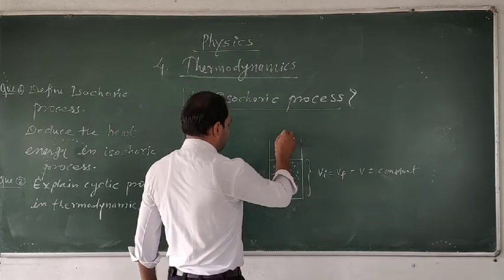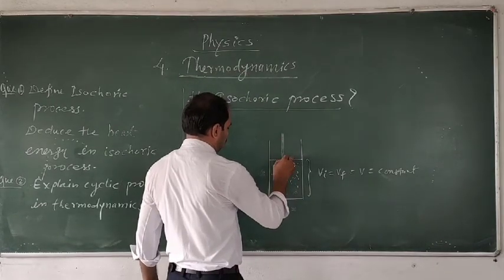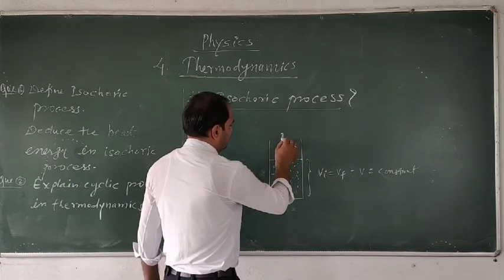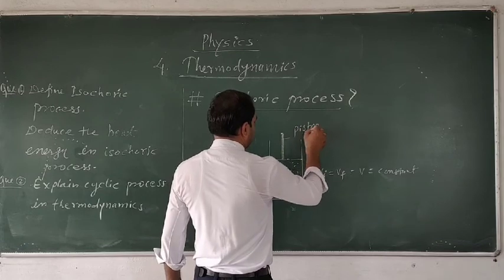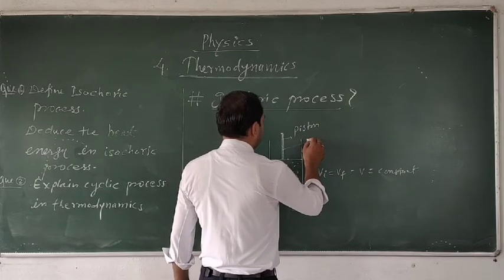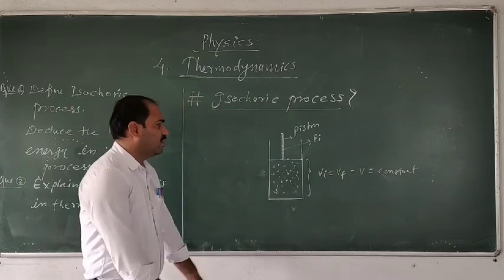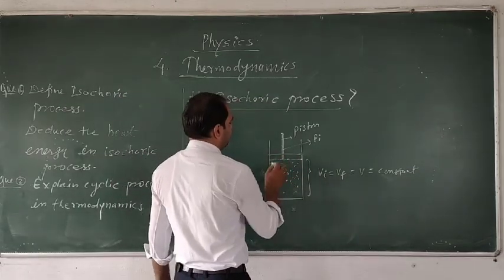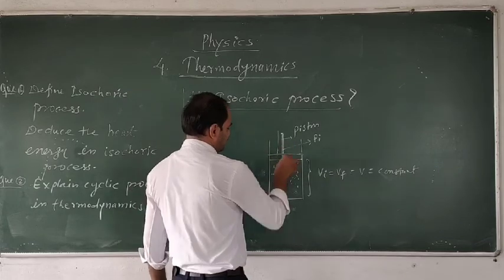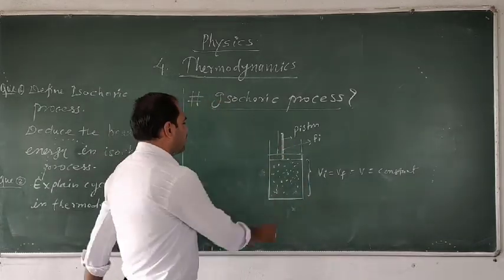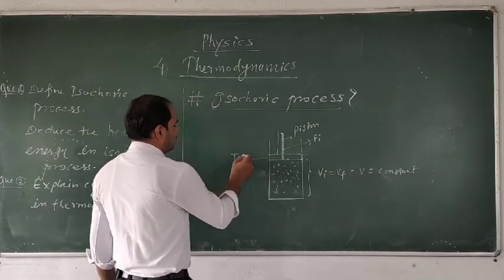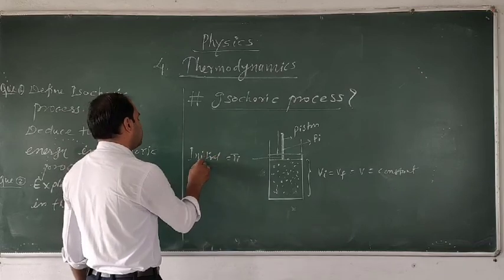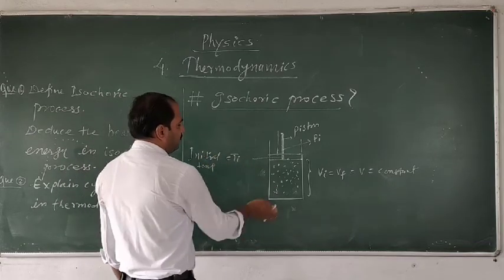और यहाँ पे मैंने जो भी प्रेशर बढ़ाया है, this is the pressure applied with the help of a weightless, frictionless piston. This is the piston. Suppose the initial pressure is Pi, and if I increase or decrease the pressure, the temperature will also change from the initial temperature Ti.